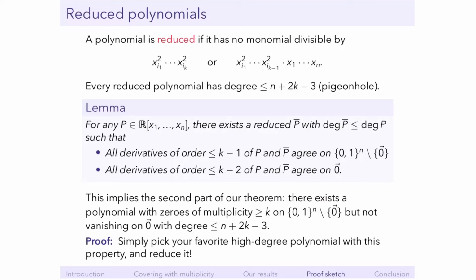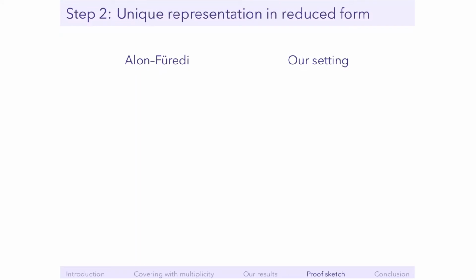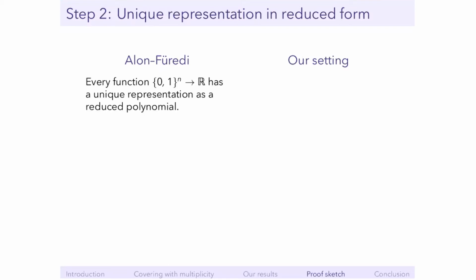This was step 1 of the proof. Okay. So let's get to step 2. Remember, step 2 was about this thing that any function has a unique representation in reduced form. So in the Alon-Füredi setting, what this said was that every function from the hypercube has a unique representation as a polynomial in reduced form.